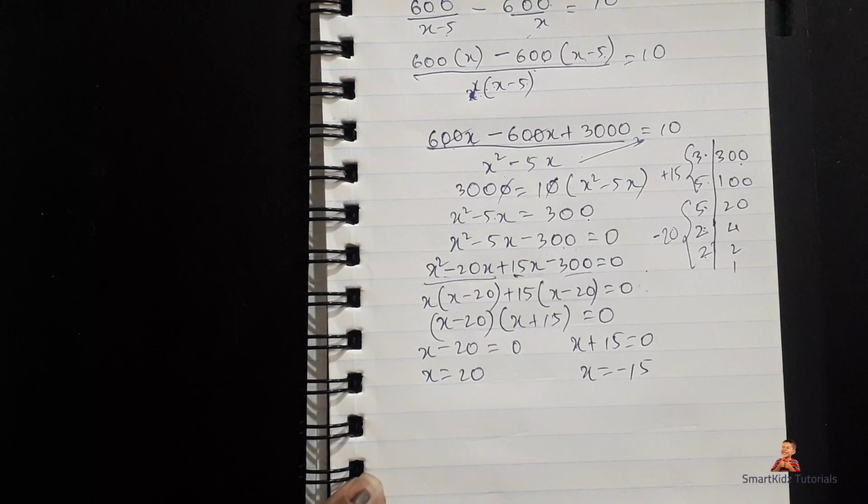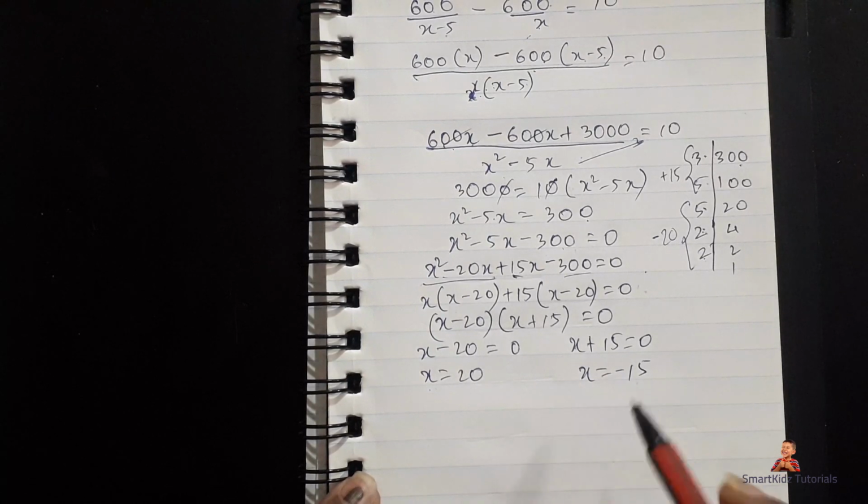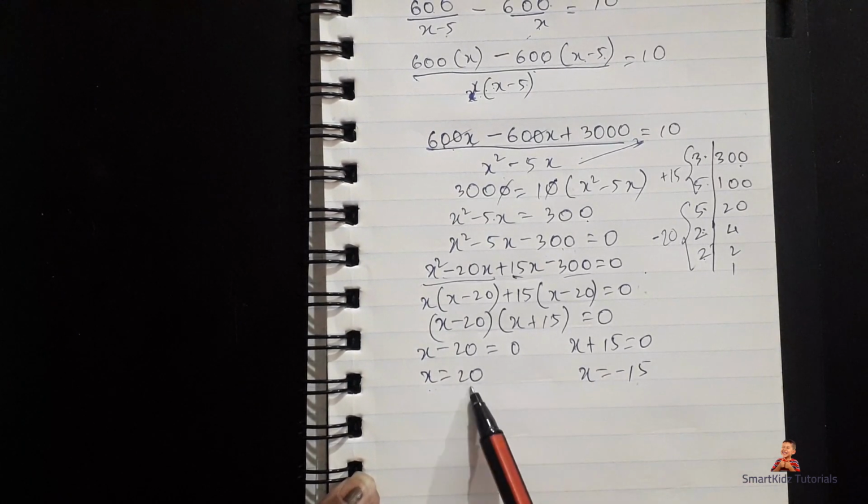Okay. Now in this case we have assumed x to be the list price. So the price cannot be negative, so we rule out this negative 15 and we will be taking 20.